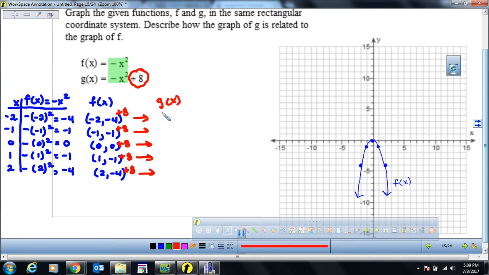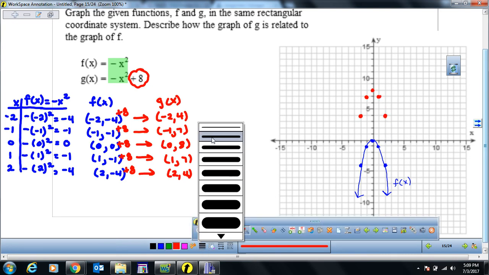So g of x is going to consist of the points (-2, 4), (-1, 7), (0, 8), then (1, 7), and (2, 4). So we graph that. It's going to be (-2, 4), then (-1, 7), then (0, 8), then (1, 7), and then (2, 4).